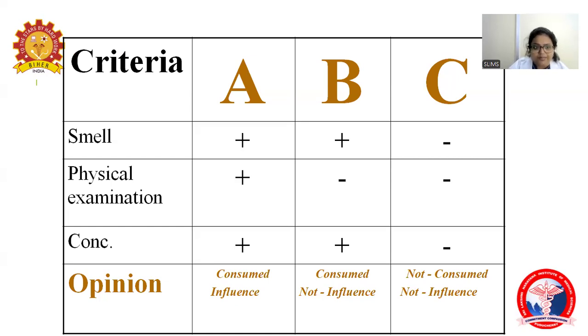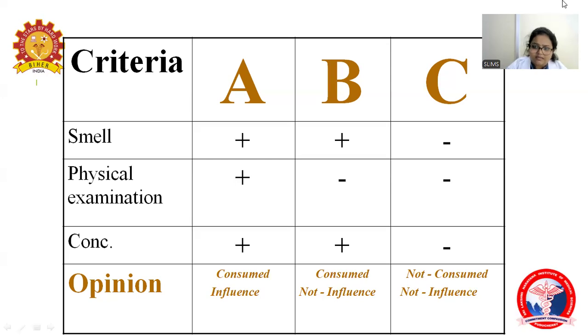In criteria B, there is only breath smell of alcohol, but all the physical examinations are normal, and the blood alcohol concentration shows presence of alcohol. In such cases, the opinion can be given as the person has consumed alcohol but is not under its influence.